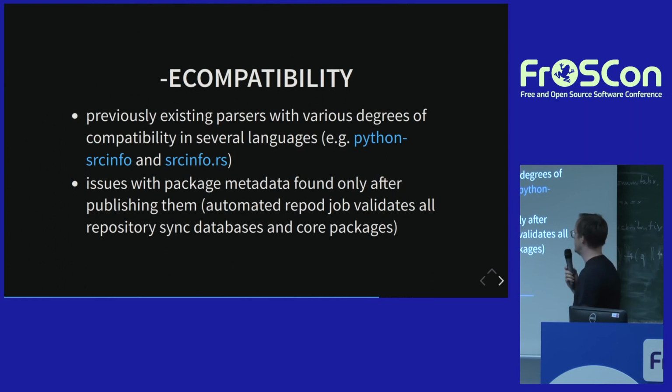Looking around before and also after, I noticed that there are a bunch of attempts at having different parsers for different languages, like Python srcinfo and srcinfo-rs, for instance, for just parsers, basically, no specifications, for Python and Rust in this case, just for the .SRCINFO files.